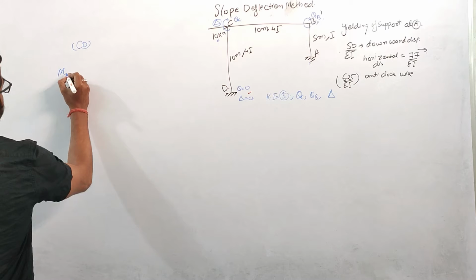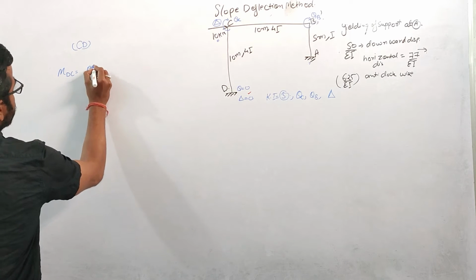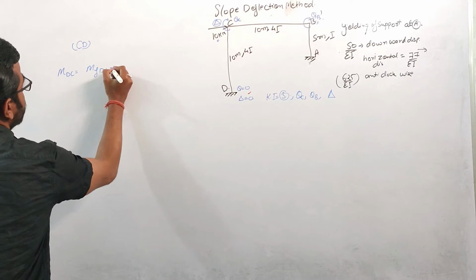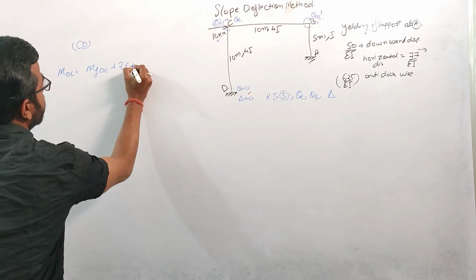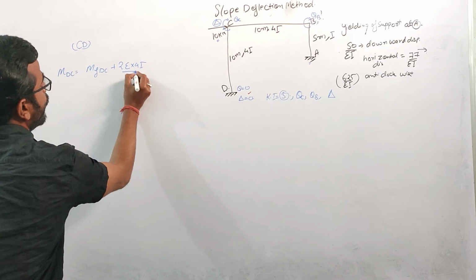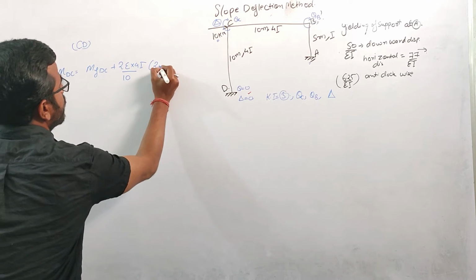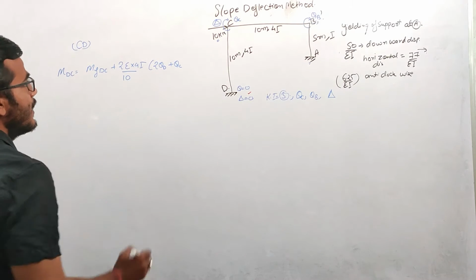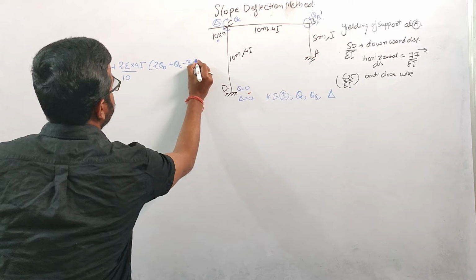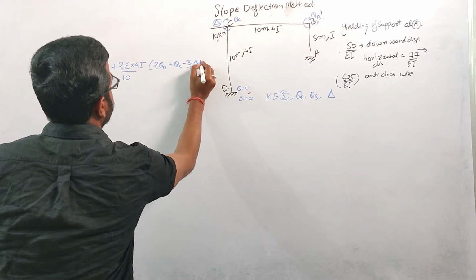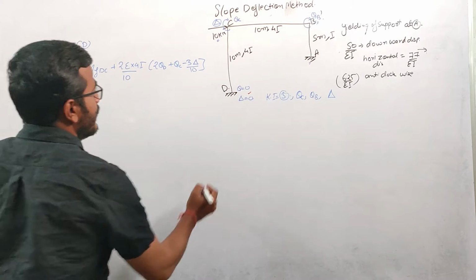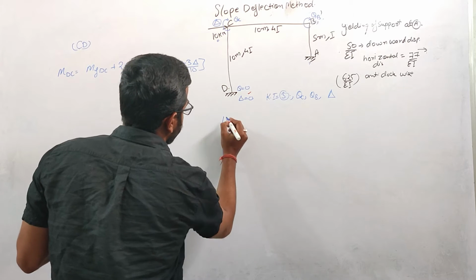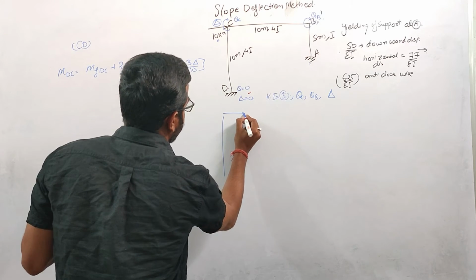I can write MDC equals MFDC plus 2EI into 4I over 10 into twice theta D plus theta C minus 3 delta over 10. Why the minus sign? Because for this member, we have assumed that it is swaying in the right direction.